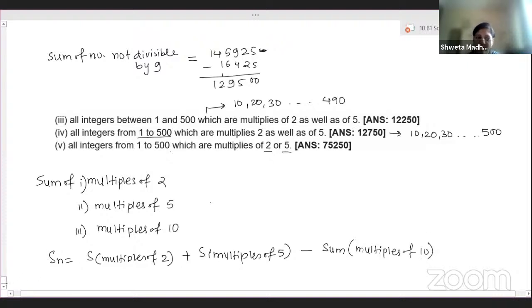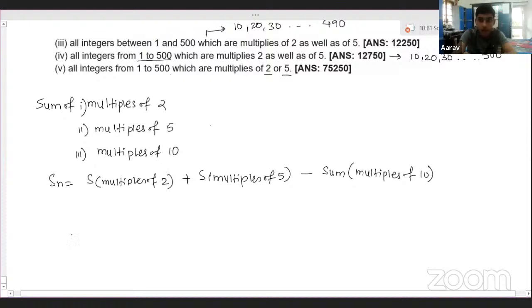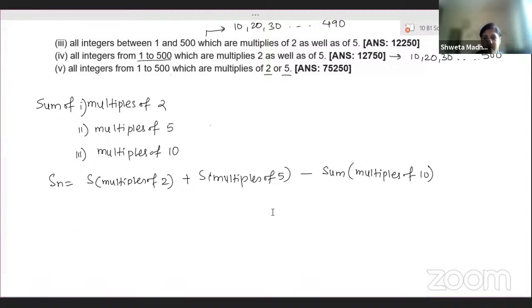Able to understand? Yes, ma'am. So here sum of 2 you have to calculate, sum of 5 you have to calculate, sum of 10 you have to calculate. You already calculated sum of 10 in the earlier question, the fourth one. And in this way you have to write. So sum of 2 and 5 you have to add, and 10's sum you have to subtract once.